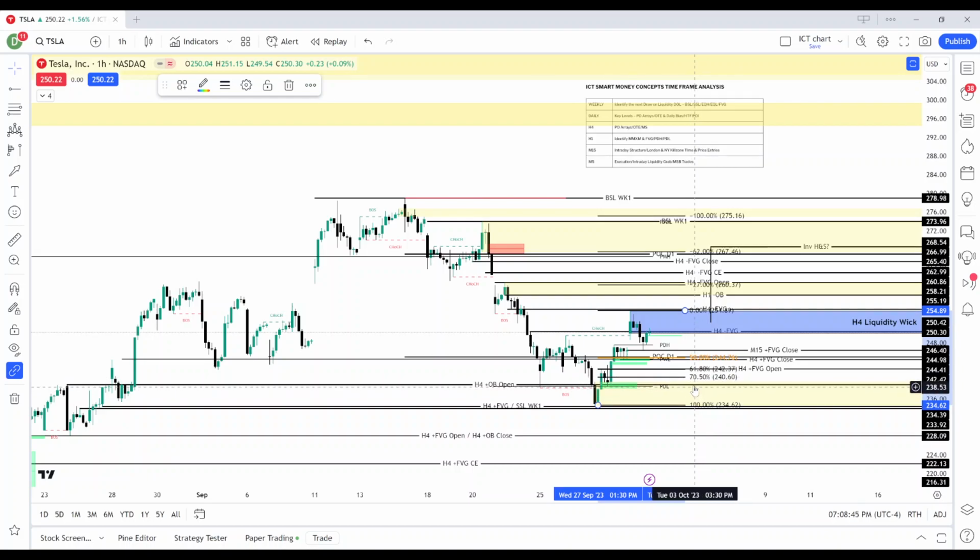Could go a little lower, but we're looking for optimal trade entry. And then we're looking for it to rally from there. And where would that put us? That would put us nearly perfectly to the inverted head and shoulders market maker buy mode, and then we would go rallying.